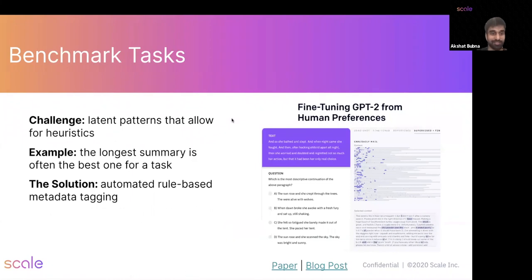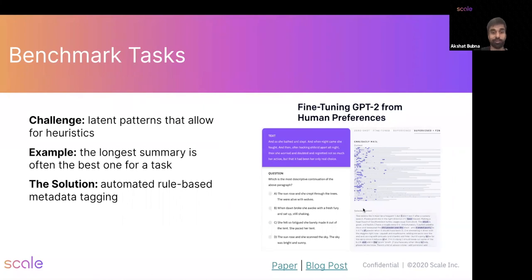Great. Another thing that can happen is benchmarks can bring up latent patterns that allow taskers to use heuristics. And I'm going to go back to the OpenAI example. Some more context: one of the many projects we worked on with them was on fine-tuning GPT-2 using human labels.